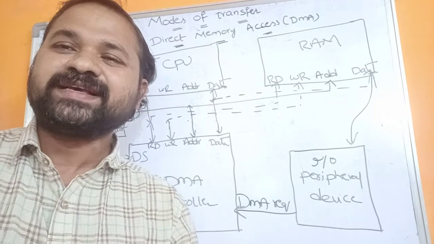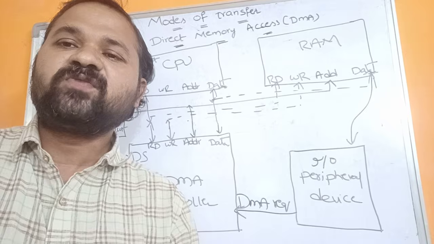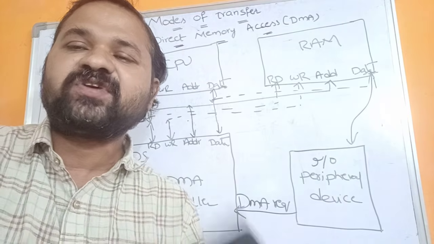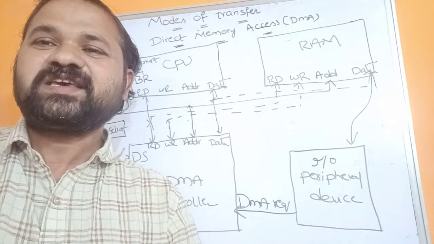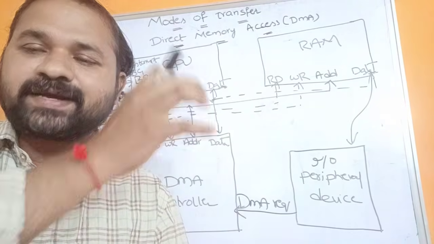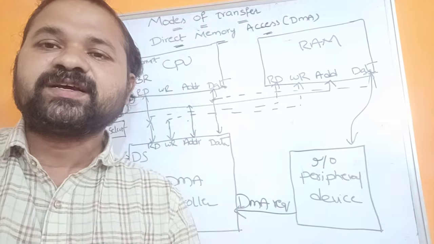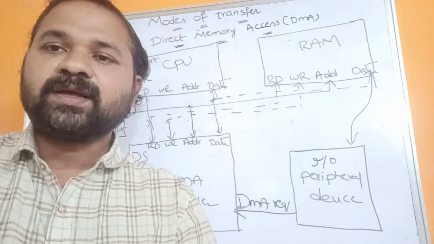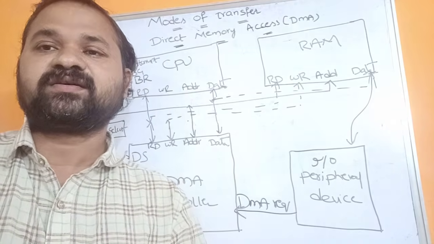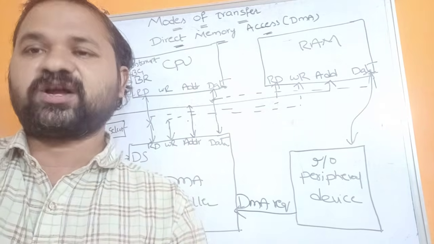The DMA controller is solely responsible for transferring the data between IO devices and memory. It doesn't have any other work, like the CPU has so many works. But the major task of DMA is to transfer the data between IO devices and memory, and DMA is extremely faster compared with the CPU also.